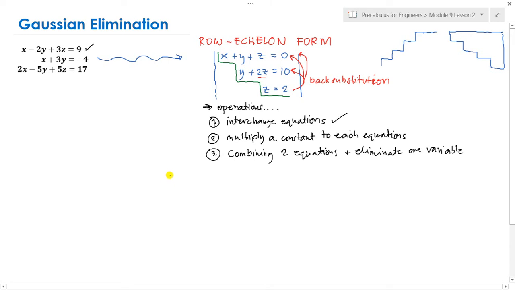And take note, class, if the given equations are converted into row echelon form, the row echelon form and the given system are both equivalent systems of equations. Only the form changed; they still have the same solutions. So let's start with this.